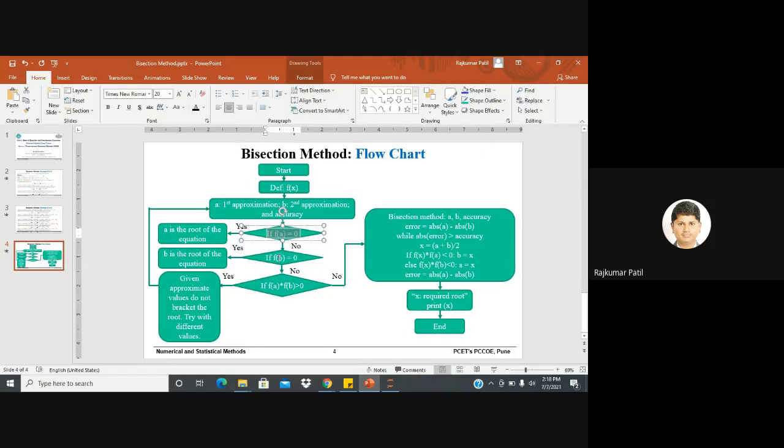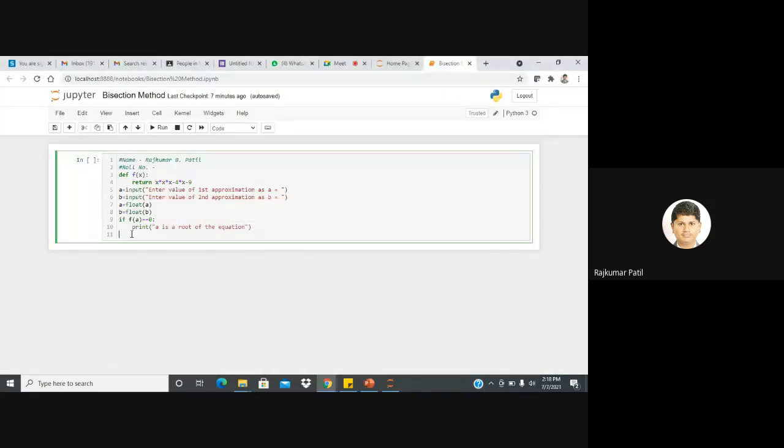Next, we will check if f of b is equal to 0. Sometimes f of a will not be equal to 0, and in that case, we will check the next value. So else if, the syntax is elif, and we will check whether f of b equal to 0, and enter.